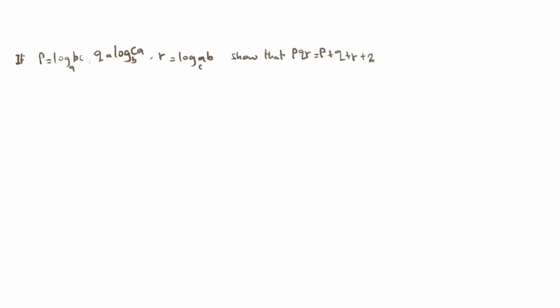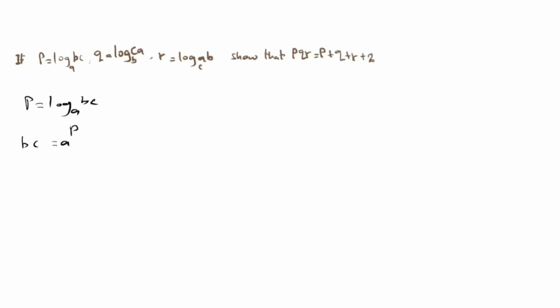Now we move to problem number 3. Problem number 3, this is a special problem. This is very important. I want all of you to focus on this problem. So they have given us b c equals a to the power p. By index form we can say bc equals a to the power p.